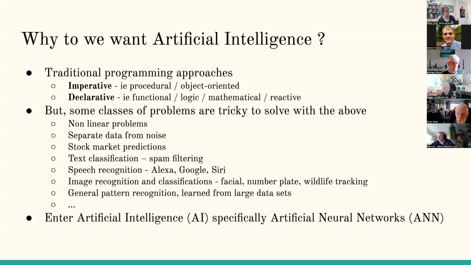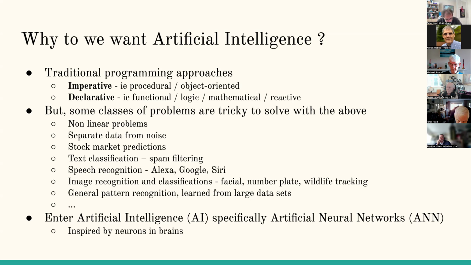So now we've got this new branch of computer science called artificial intelligence. Artificial intelligence is quite a big field with lots of subfields. But today we're going to focus on one part of that, which is called artificial neural networks. And it's by far the biggest part of artificial intelligence.